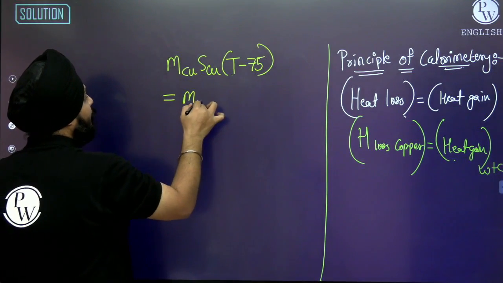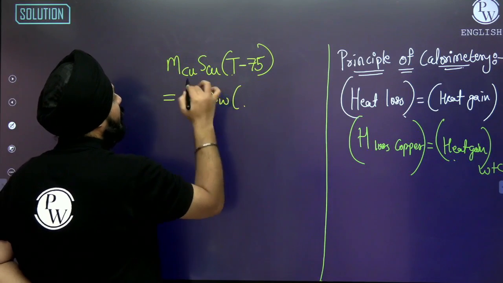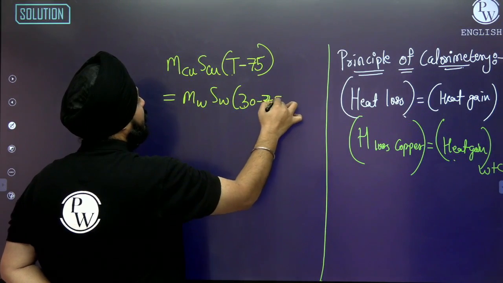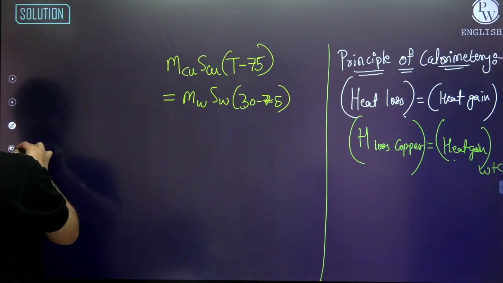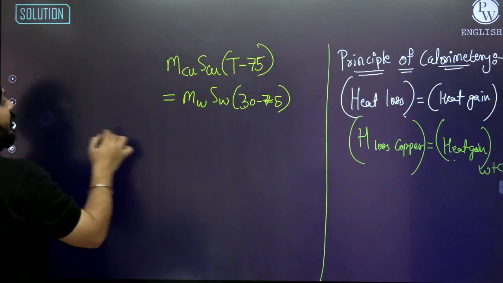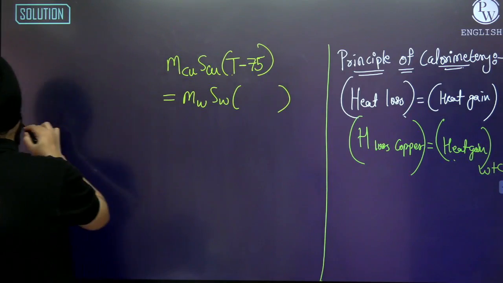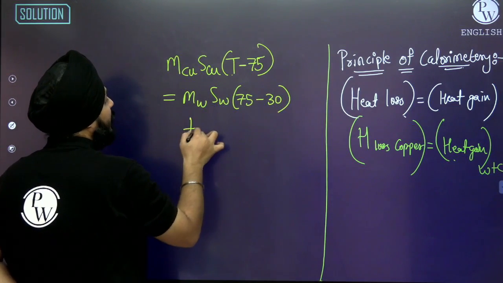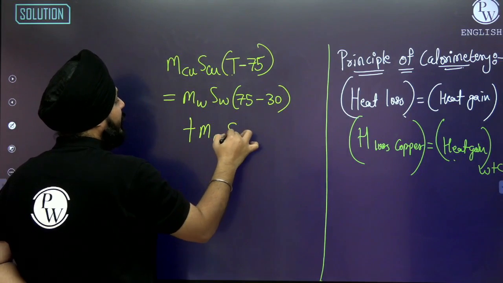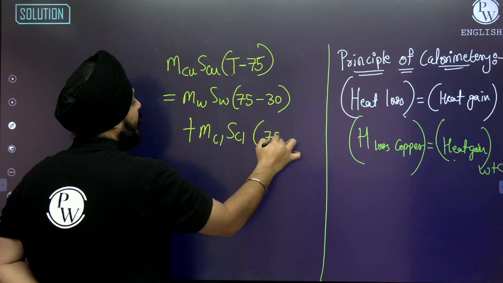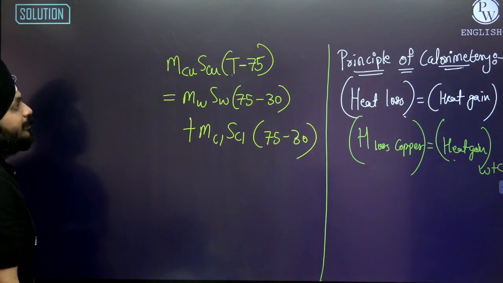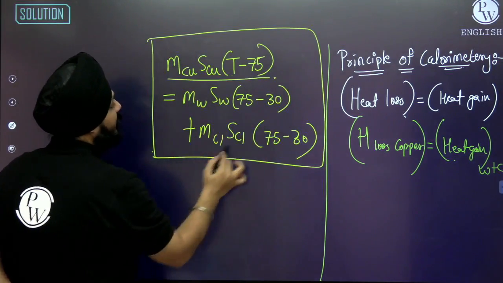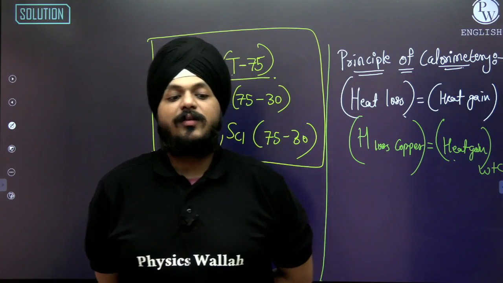So this will be mass of water times specific heat of water, reaching from the temperature 30 to 75, so 75 minus 30, plus, for the calorimeter, mass of calorimeter times specific heat of the calorimeter times 75 minus 30. This is an important equation. One side is the loss, one is the gain.